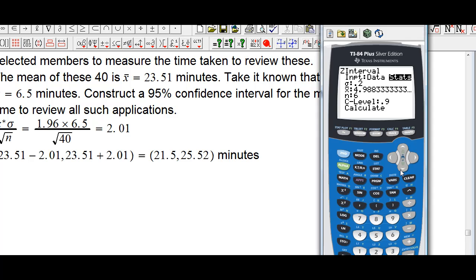Who is my sigma? 6.5, right? Okay. Who is my X bar? 23.51. And who is my N? 40. My confidence level is 95.